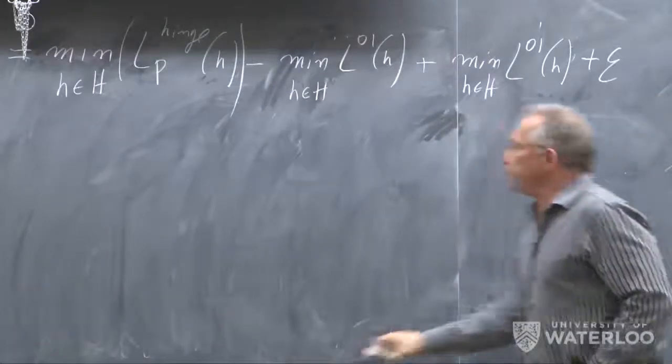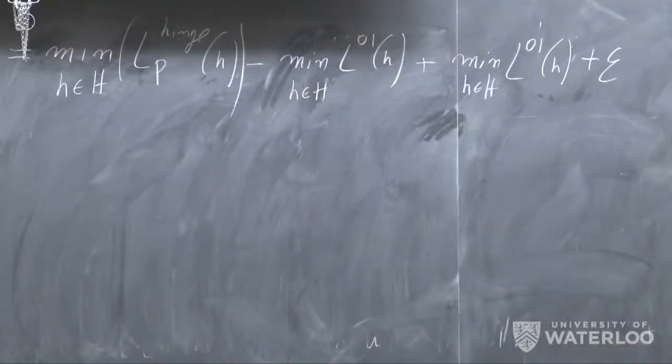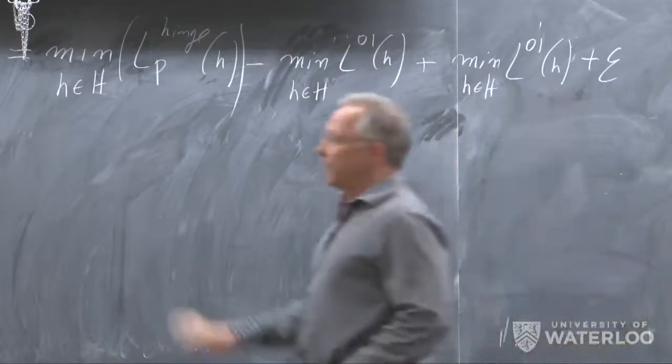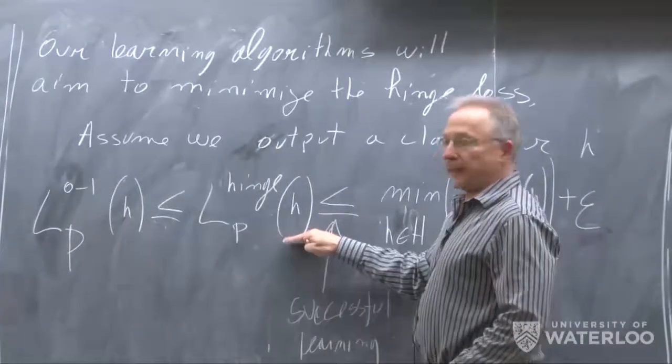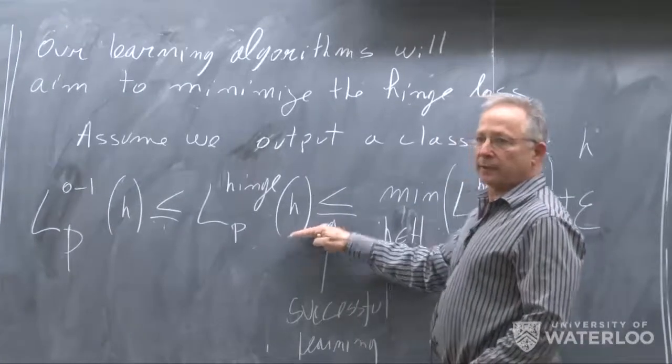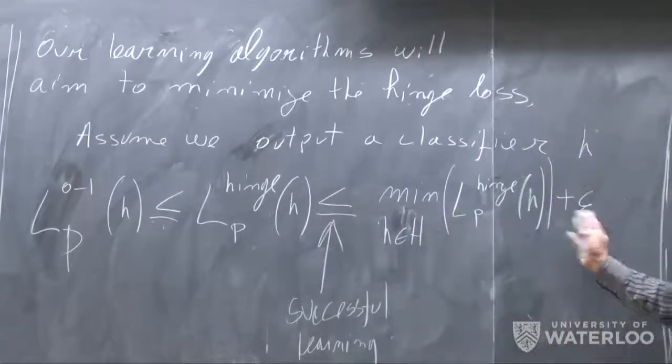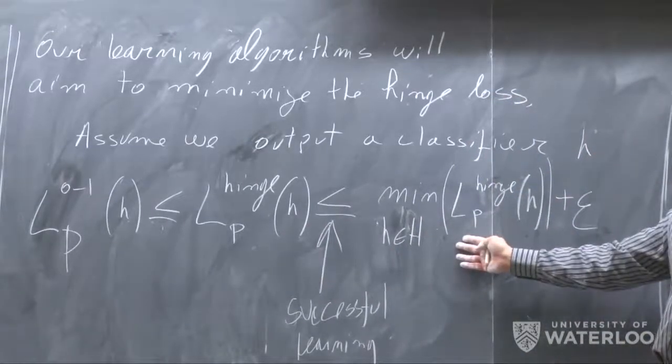But this allows me to understand what my error is composed of. Again, a learning algorithm is trying to minimize the loss. The learning algorithm is epsilon successful if what I output gave me a loss which is not more than epsilon away from the minimum possible loss.